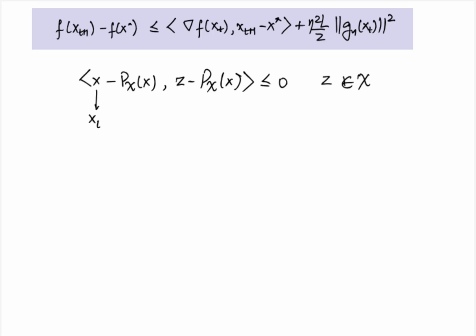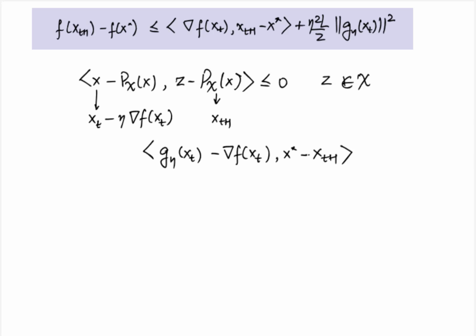Now we replace x with xt minus eta gradient of f of xt, so that px of x will be replaced with xt plus 1. Also replace z with x star, so we get inner product of g eta of xt minus gradient f of xt, x star minus xt plus 1 is less than equal to 0.